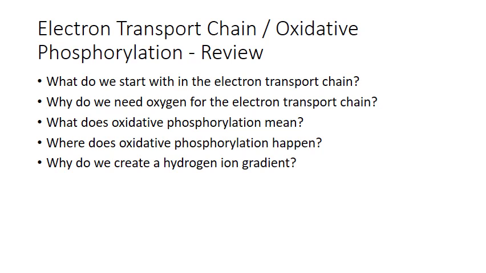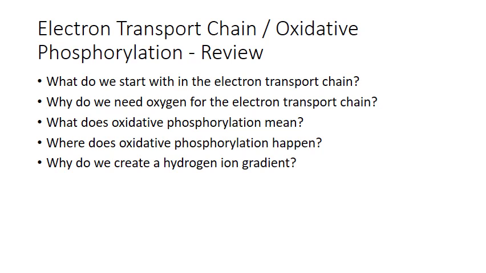So why did we create a hydrogen ion gradient in this process? What did we use the hydrogen gradient for? Proton gradient. To move it down, so it could flow. So we pumped it initially up the gradient, and then we let it flow down to do what?